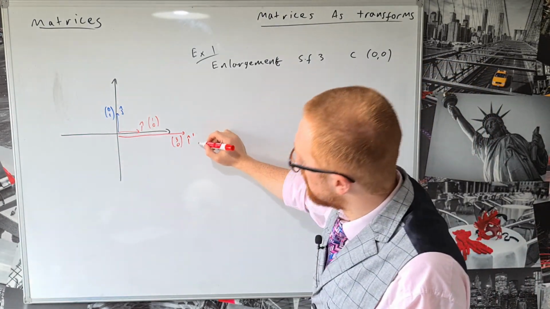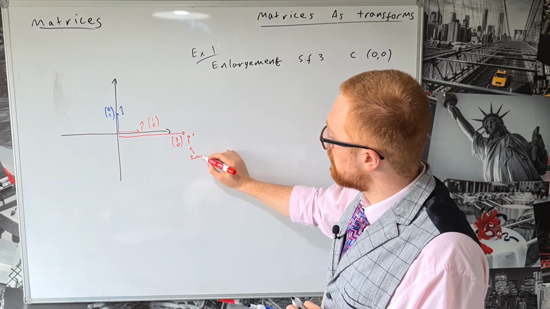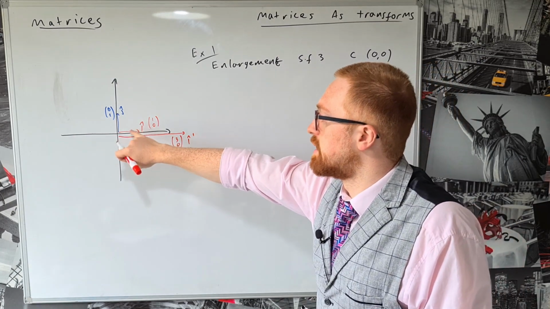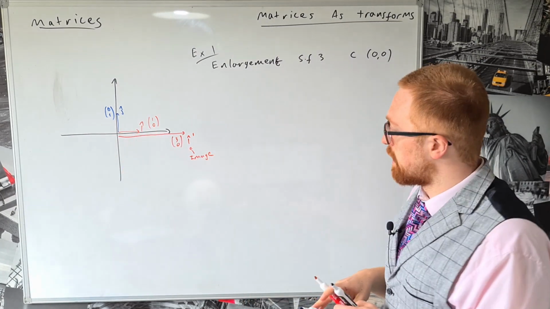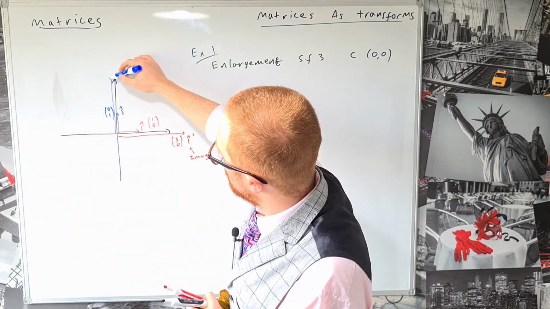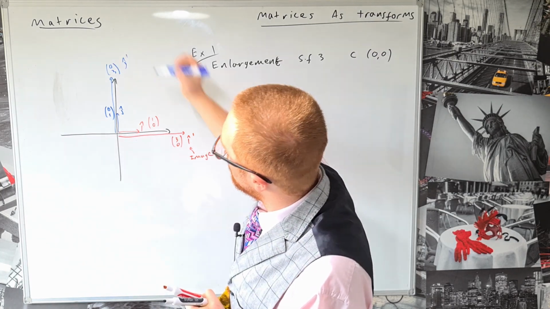We call it a dash in maths, but that just means it's the image of i hat, which is this after it's been transformed. And similarly, j hat is going to go to (0, 3), and that's going to be the image of j hat.